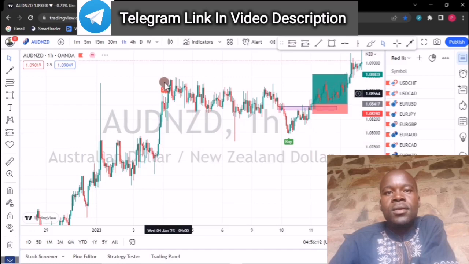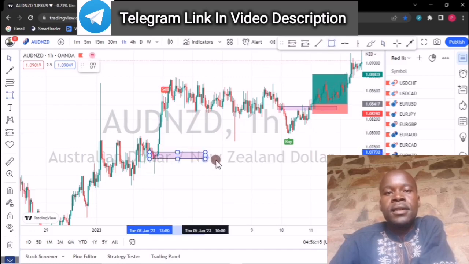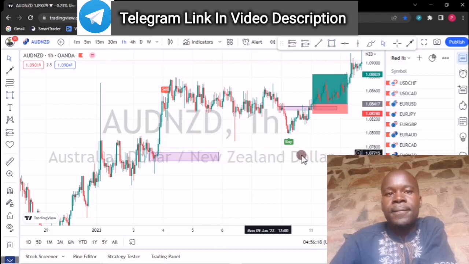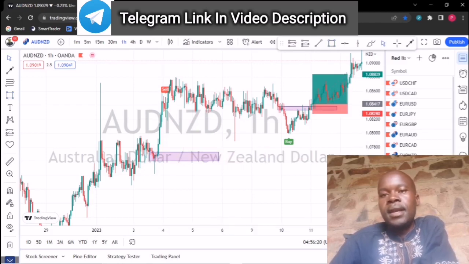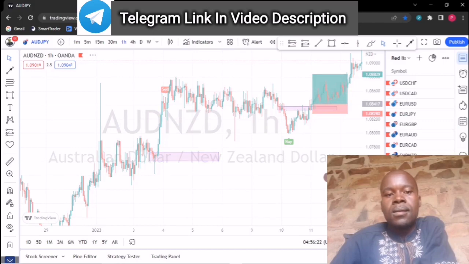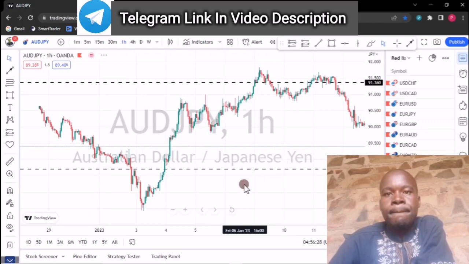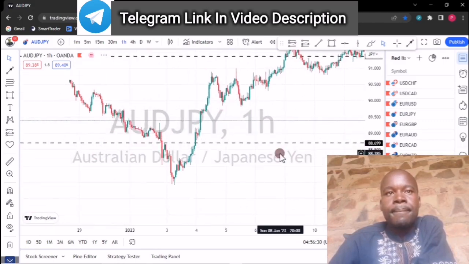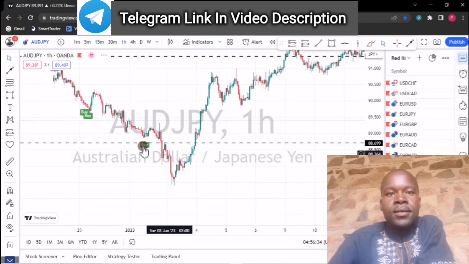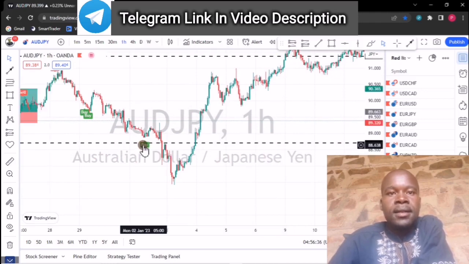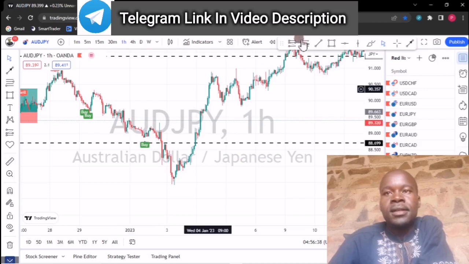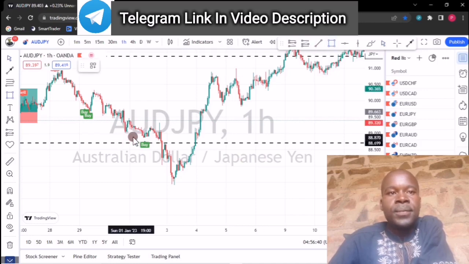This was a fake one because this previous key level was not broken. I can open any pair. Here was a buy signal. The key level before that was this. Just opening at random.